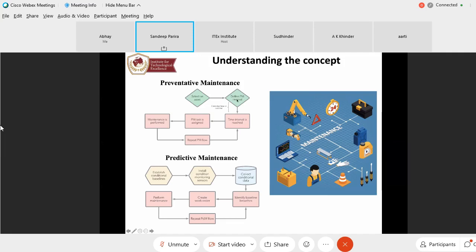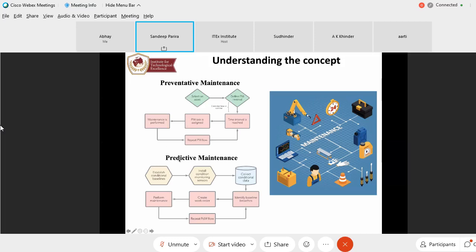If that interval is reached, that preventive maintenance task is assigned and performed, and this flow goes on and on. So that is called preventive maintenance. You prevent your machines and critical components from failing by performing preventive or scheduled maintenance.